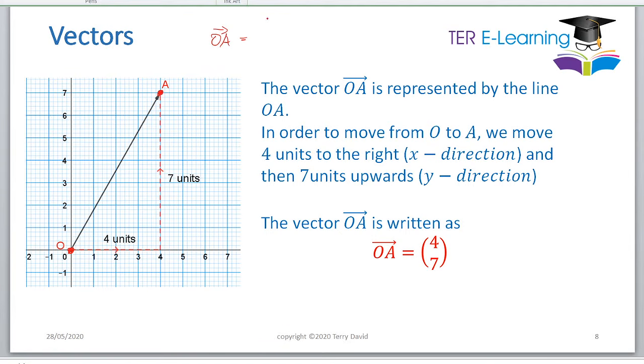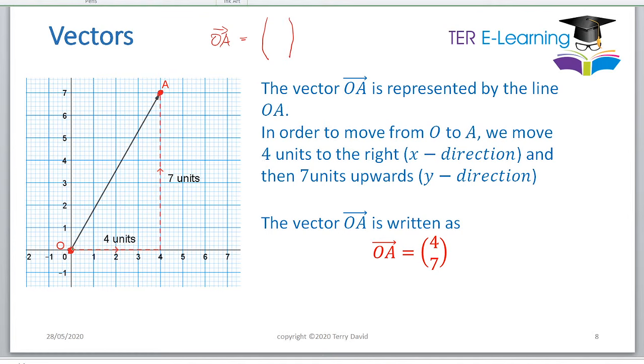Now a column vector looks like this. It has 2 values. The value on top gives us the movement in my x direction, or my horizontal movement, and the number below gives me my movement in the y direction. So look at something here. I want to start at the point O, but I want to end up at A. I must always move in the x direction first, which is horizontal. Let me use a different color here.